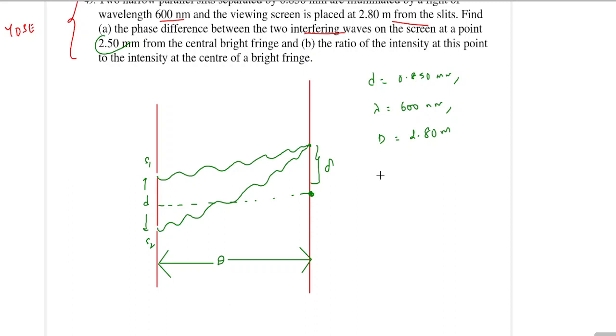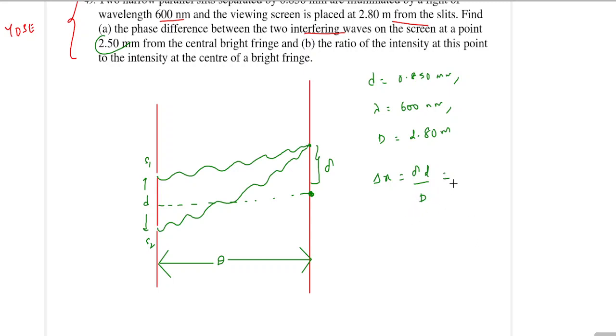That path difference we call delta x. That path difference is given as delta into small d by capital D. That's the path difference formula. It's done in theory classes for all.